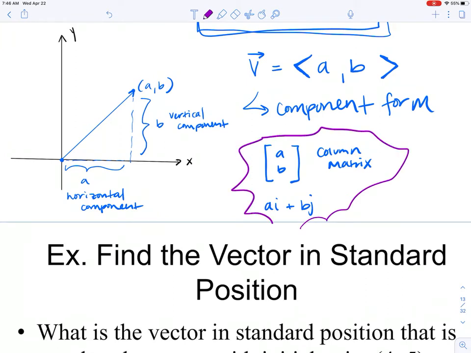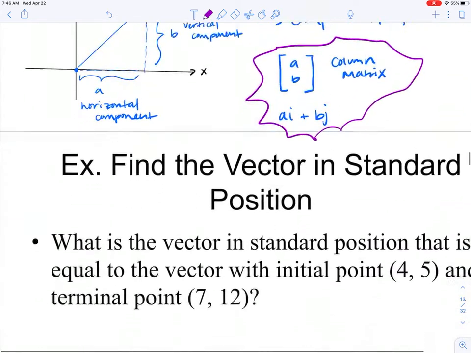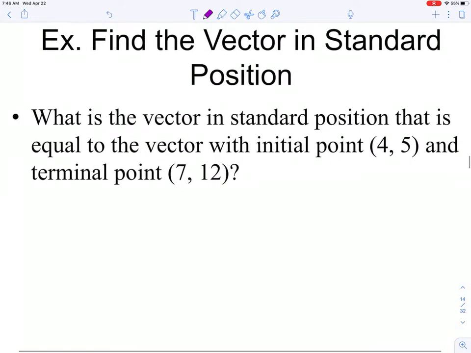These notations you're going to see in future math classes, so maybe BC calculus or linear algebra, but we're just going to use component form in this class.